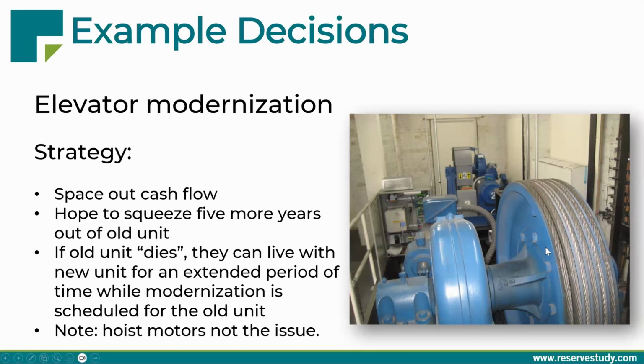Now, an important point to make is that the hoist units themselves, these big mechanical lift machines, they're not the issue. The hoists themselves are doing just fine. What we're talking about here with elevator modernization is largely the control systems themselves.